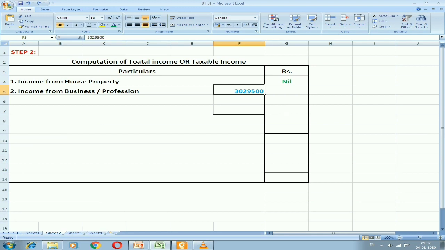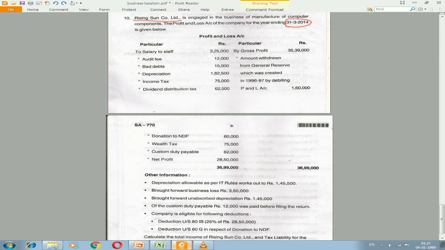As you can see in the illustration, we have 2 losses. One is brought forward business loss rupees 3,50,000, and one more is brought forward unabsorbed depreciation rupees 1,45,000. So those 2 losses we are supposed to deduct under business income. Business loss can be deducted under business income.